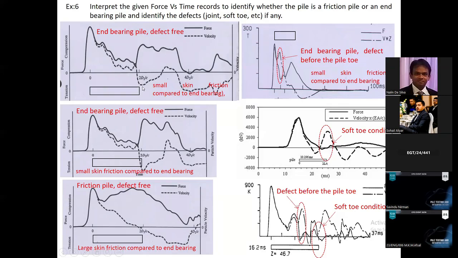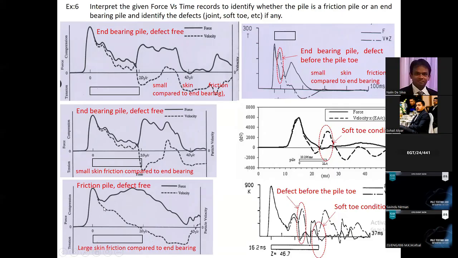So this is indicating that the pile toe is resting on good quality strata with a high end bearing value, and no integrity issues. Always the velocity is smaller than the force, right? Second one is, I think, almost identical to the first one.